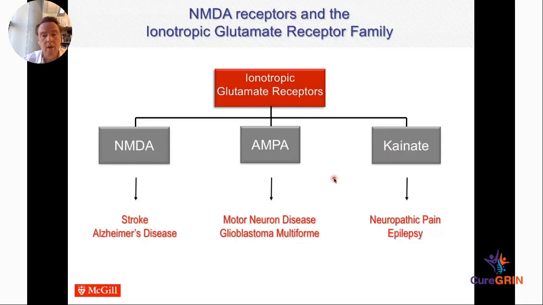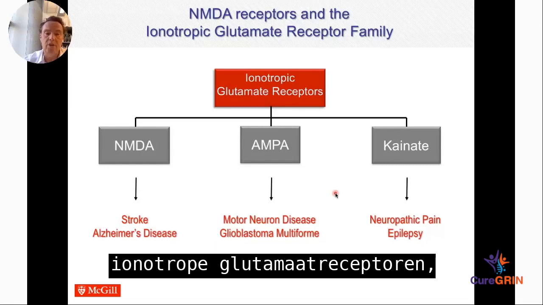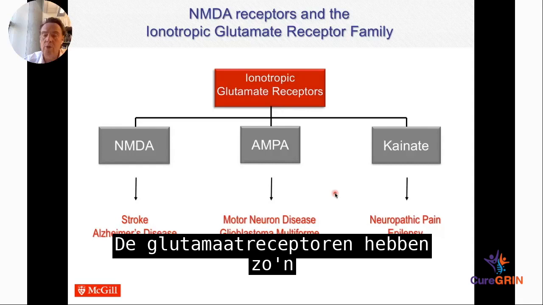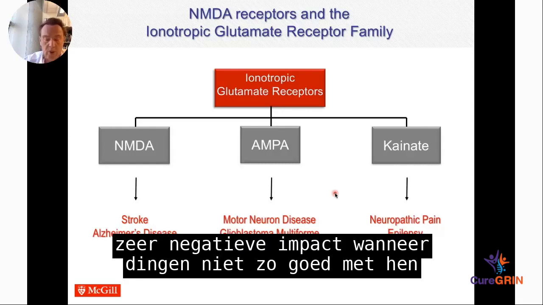And so if you're a researcher spending a lot of time thinking about ion-channel glutamate receptors, it's not entirely surprising that glutamate receptors have such a very negative impact when things don't work with them very well.